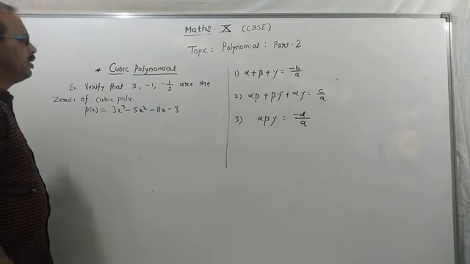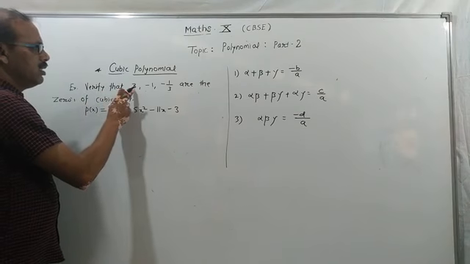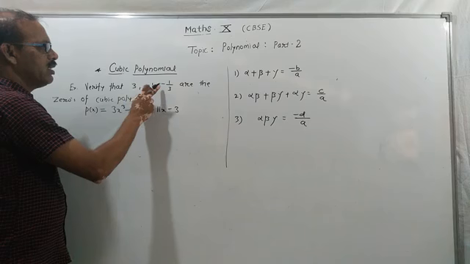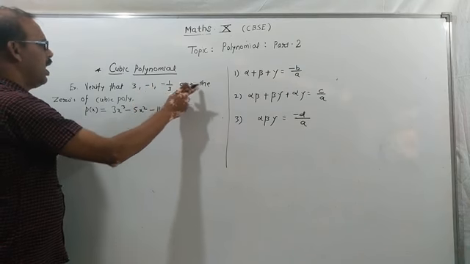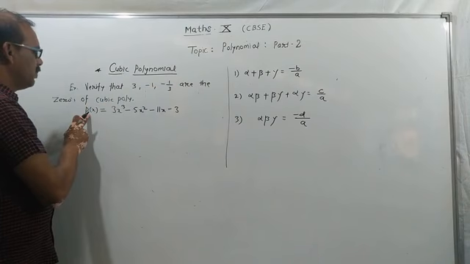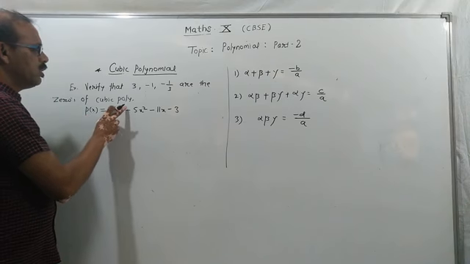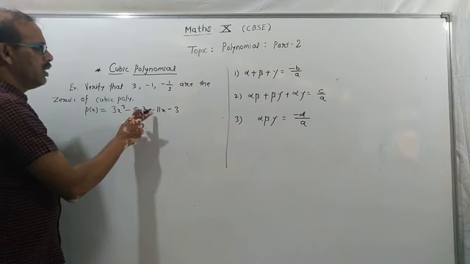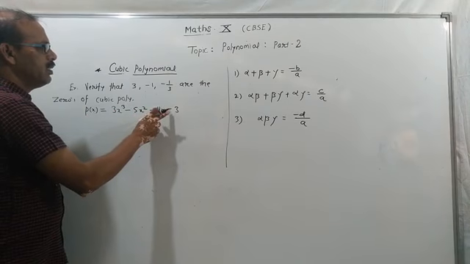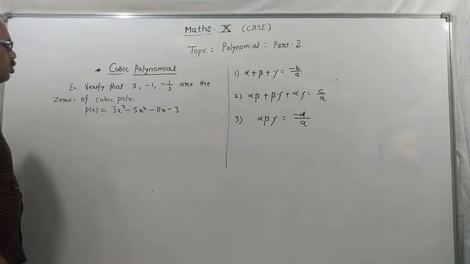What is the question? The question is, we have to verify that 3, minus 1, minus 1 by 3 are the zeros of cubic polynomial represented by p of x is equal to 3x cube minus 5x square minus 11x minus 3. This is the first part of the question.